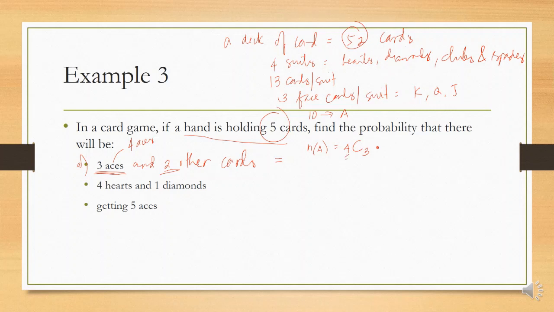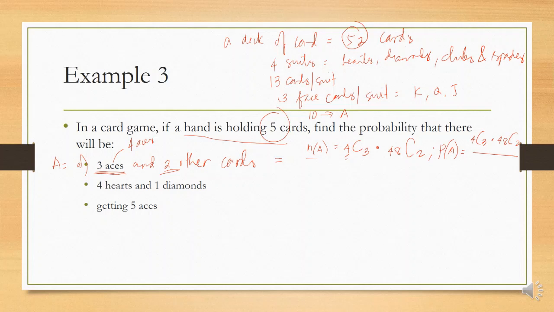Ibig sabihin, meron pa tayong ibang 48 cards na pinagpipilian para dun sa dalawa. So, if this will be your N of A, meaning this is your event A getting 3 aces and 2 other cards, we may say that our probability of A will be 4 combination of 3 itself and yung 48 combination of 2 all over, no?